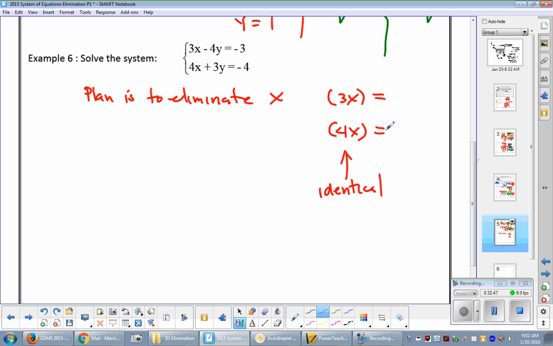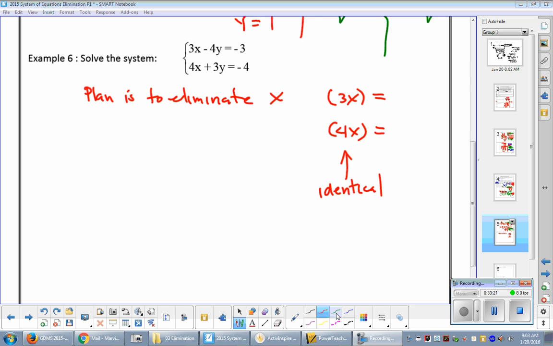Okay, and what other number should I use to multiply 4x so that we'll be able to get identical terms? The hint here is that you want to get the LCM of 3 and 4. So in this case, what's the LCM of 3 and 4? It's 12, right? So we want the 3 to become 12 and we want the 4 to become 12.